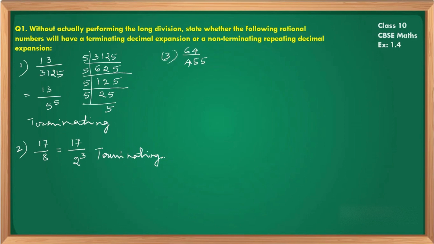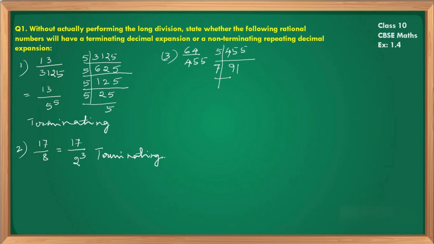Without dividing this in the long division method, you have to factorize 455 and 64 to find out whether the given rational number is terminating or not. Let us factorize 455. As usual, this number has 5 in the end, so divide by 5. 5 9s are 45 and 5 1s are 5. Now next is 91. It cannot go by 5.